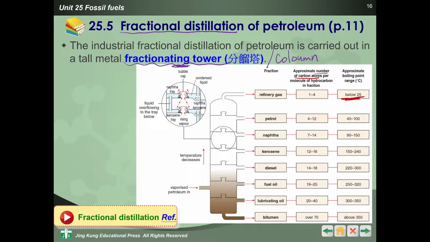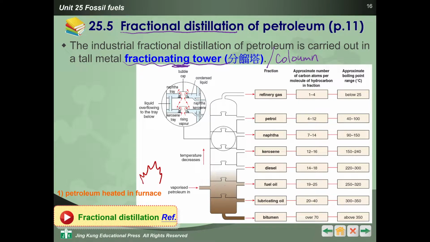Okay, now let's look at the principle behind it. How does fractional distillation actually work? If you recall, it's the same thing we learned in book 1A. First off, we need to get petroleum, which is a mixture of hydrocarbons, a really huge chunk of hydrocarbons which are not really that useful, and we're going to heat it up. You can imagine there's a furnace and you're heating it up.